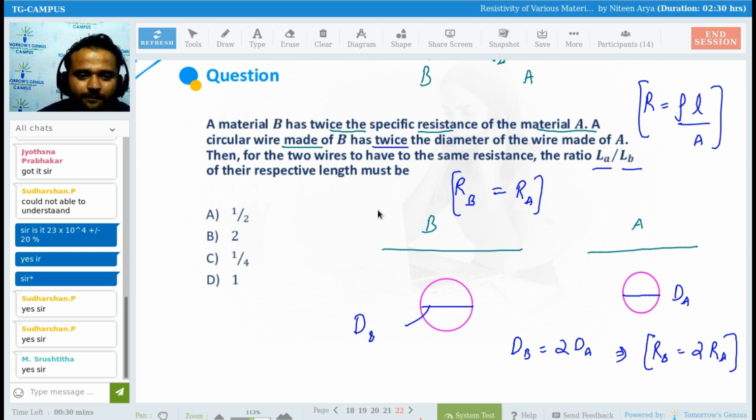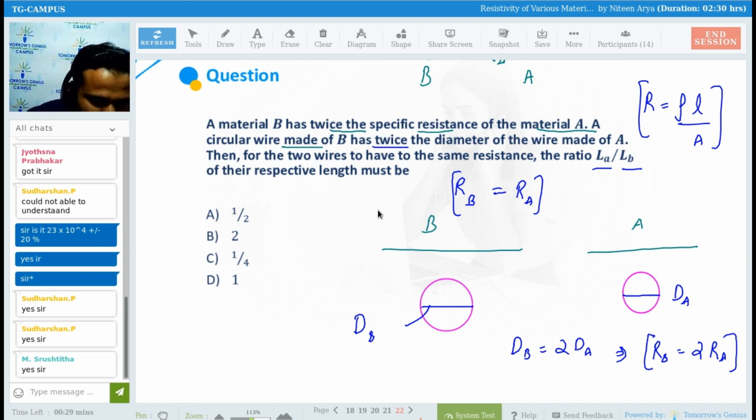Clear? Whenever you read a question, mark out whatever is given. Try to picturize the thing and tell me the answer. Rho A equals rho, rho B equals 2 rho, dA equals D, dB equals 2D. Then using the relation, find the resistance of material A. Similarly for B, R equals RB.